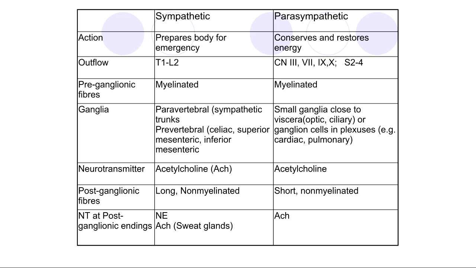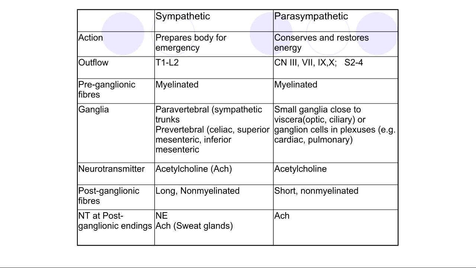So our sympathetic pathway prepares us for emergencies, and we know that the neurotransmitter at the postganglionic endings is acetylcholine for the sweat glands, but norepinephrine otherwise.